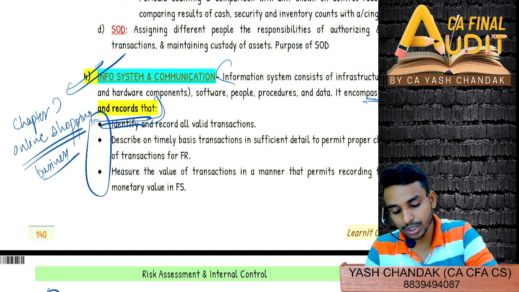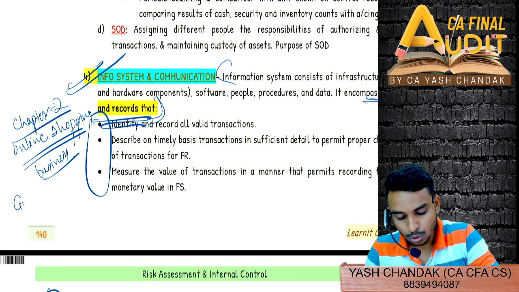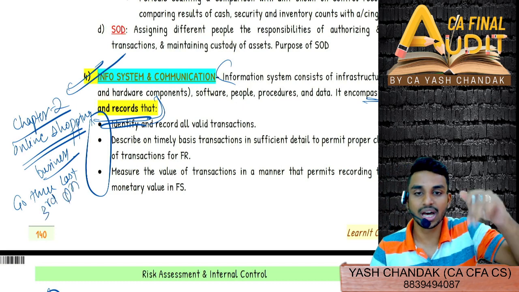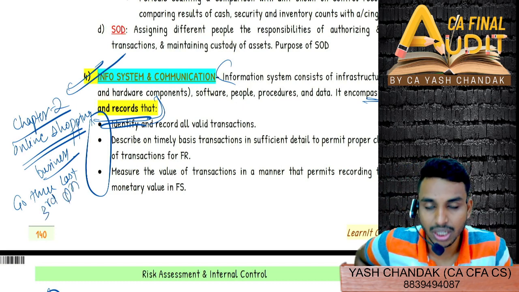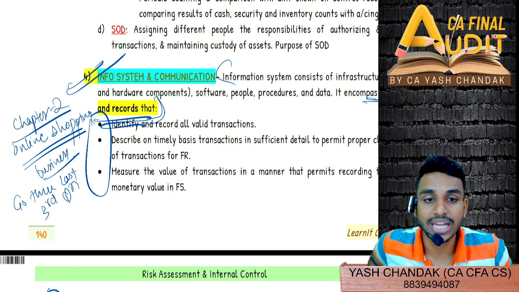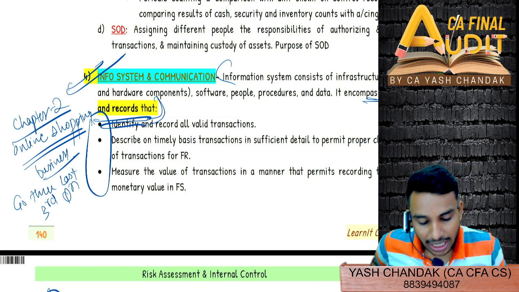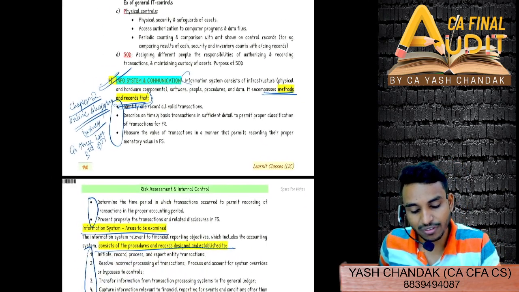We have done this in chapter 2. So go through the last third question, I believe, in our notes, in our Sampurna book. The last third question dealt with online shopping, kind of having the same points.